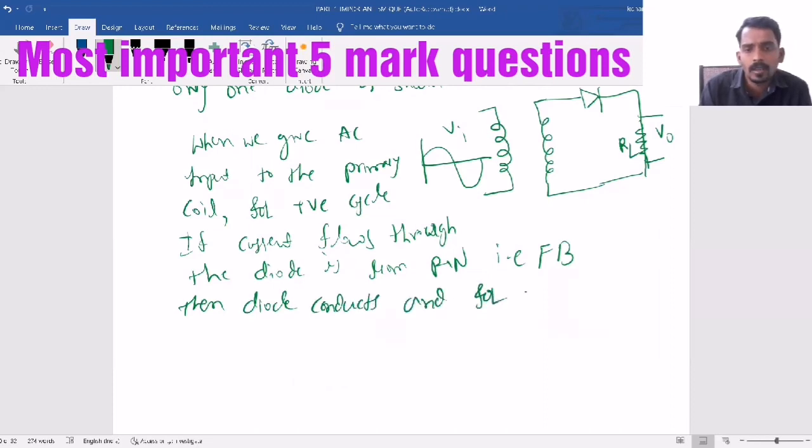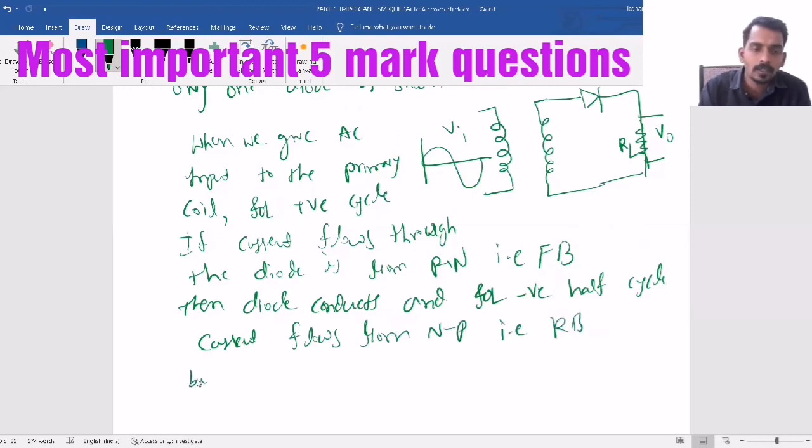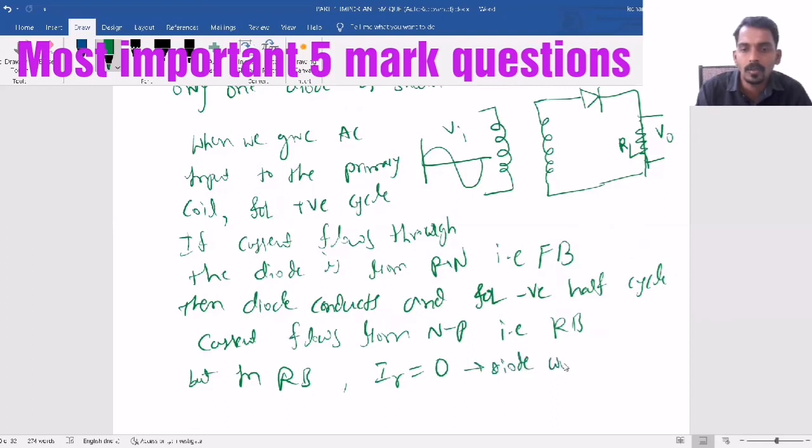And for the negative half cycle, current flows from N to P, that is reverse bias. But in reverse bias, the reverse current is approximately zero, that is, the diode won't conduct.